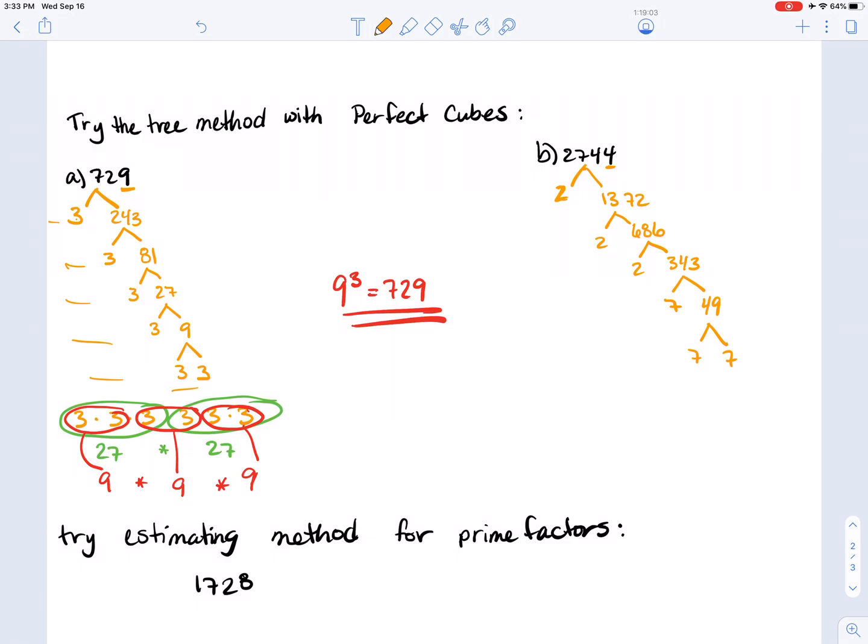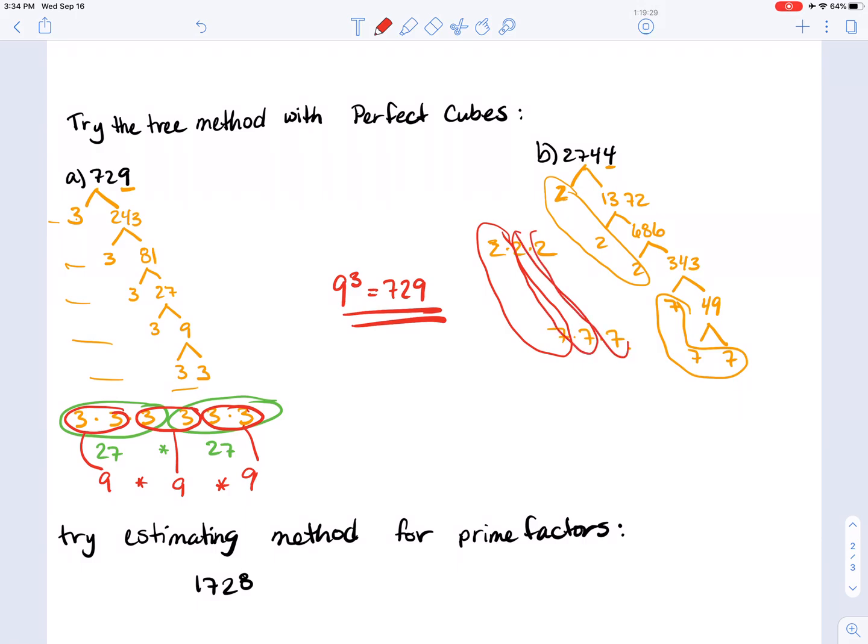So now I'm going to write these down. I'm going to group them because I have 3 2s. So I have 2 times 2 times 2. And then I have 3 7s, 7 times 7 times 7. So because I want 3 groupings, I'm actually going to take one of each, and then the second one, and then the third one.